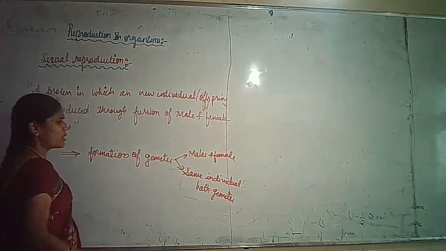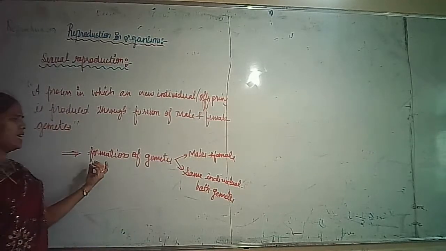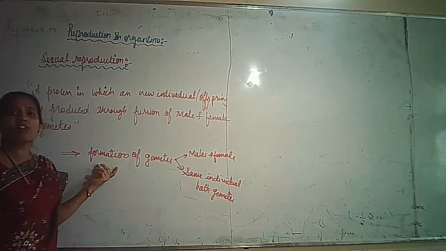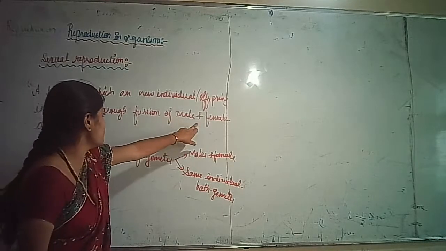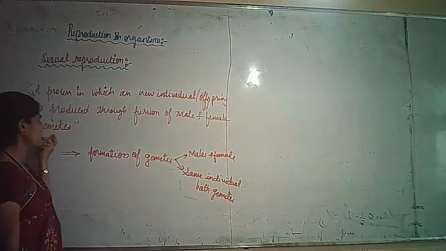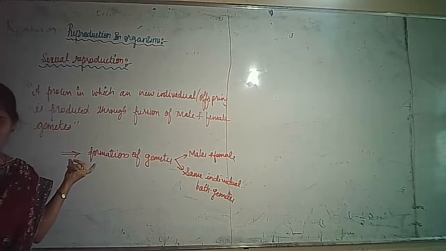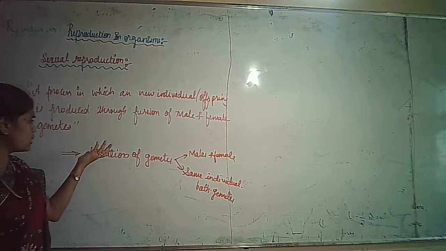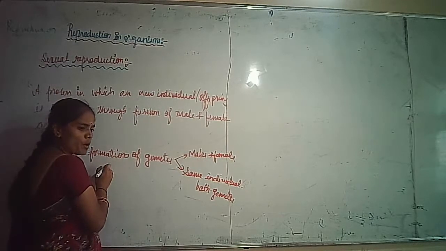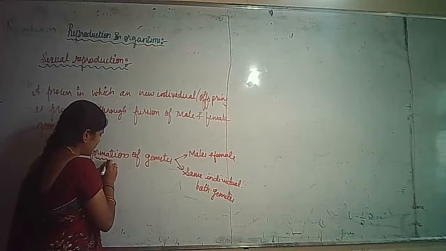Okay, dear students, in sexual reproduction, formation of gametes is involved, because only when the fusion of the male and female gamete takes place can we say that the organism is doing sexual reproduction. So how is it possible? It is possible when there is a gamete.